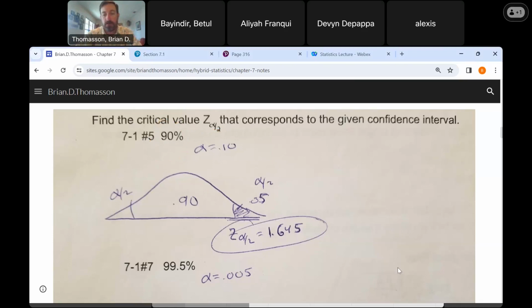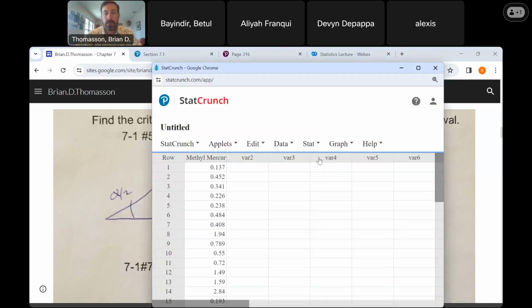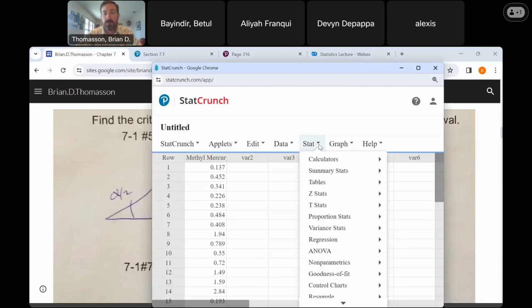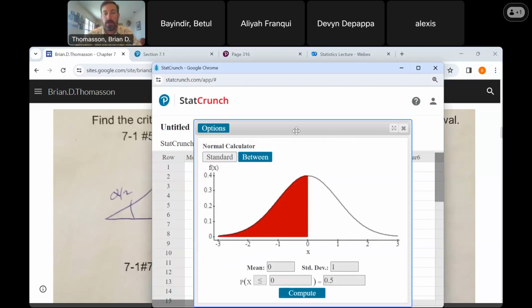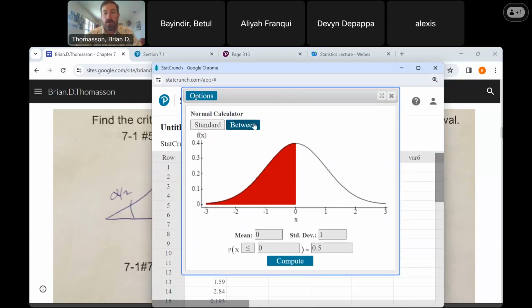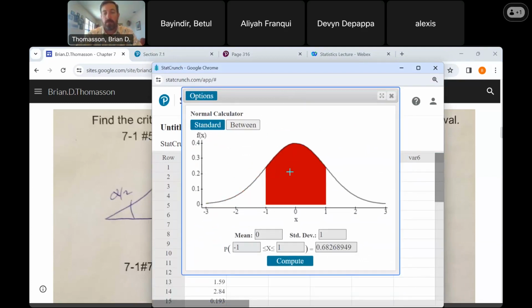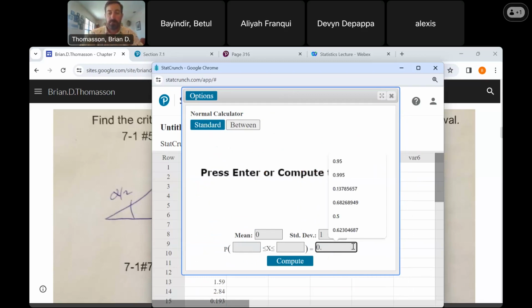So I'm going to pull up StatCrunch. And this is where we went in chapter 6: Stat, Calculators, and Normal. We're going to go between. And what we're trying to do is force this inner area to be 90%. So the way we do that, in this bottom right box, we enter 90%.